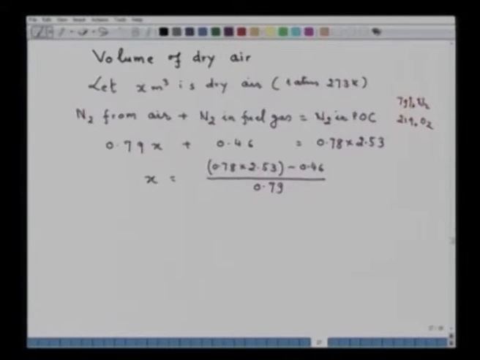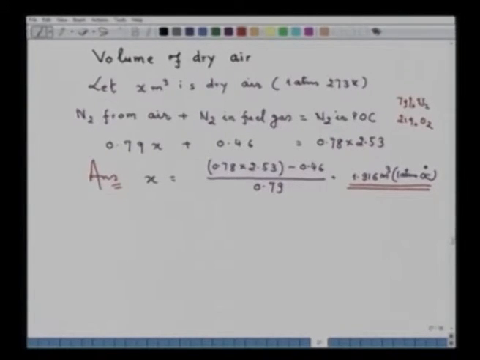So, now you can just take a calculator and solve it, and the value will be coming approximately equal to 1.9176 meter cube at 1 atm and 0 degree Celsius. So, that is the volume of air in this particular problem, this is the answer for the volume of air.